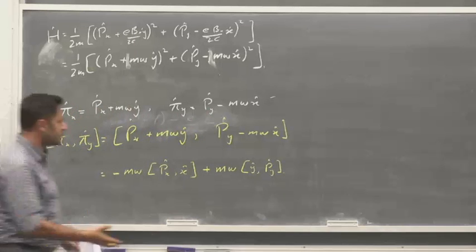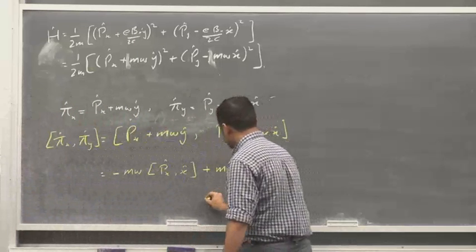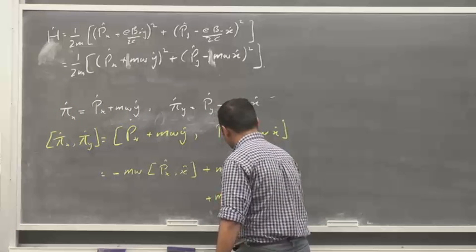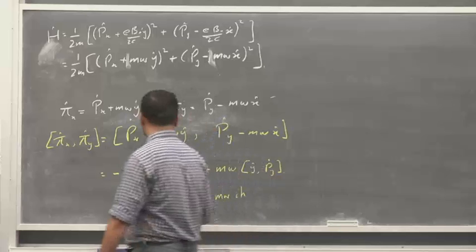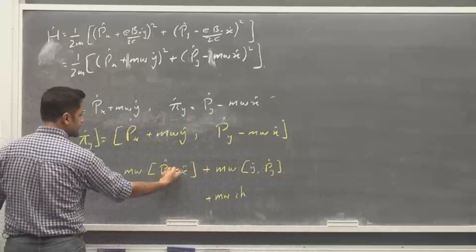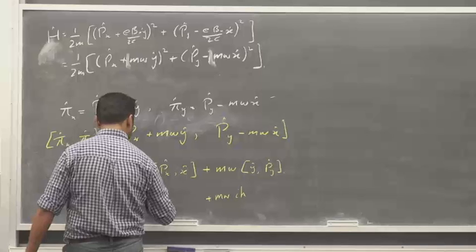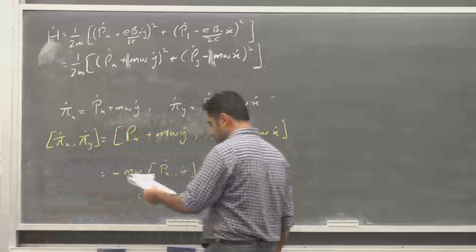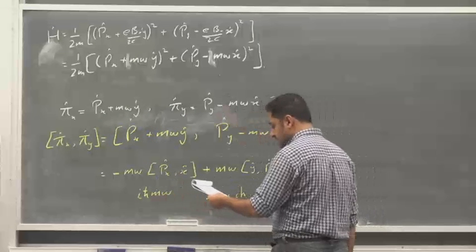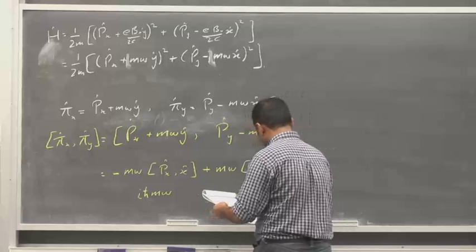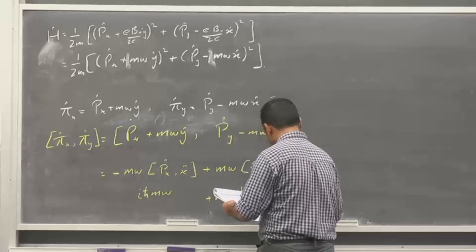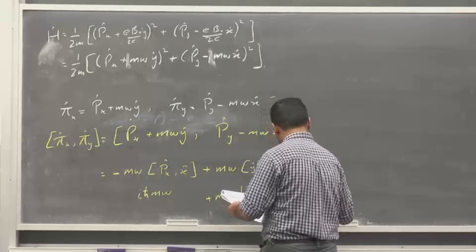Since they are canonical, this is i h bar, and these are also canonical, so this is minus i h bar. So you get this equal to i 2 m omega h bar.